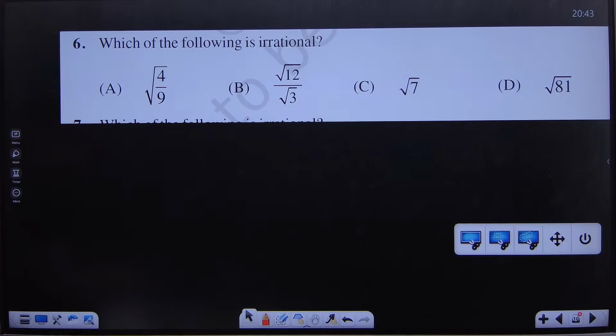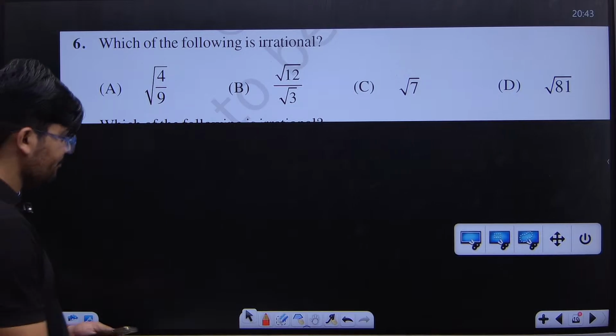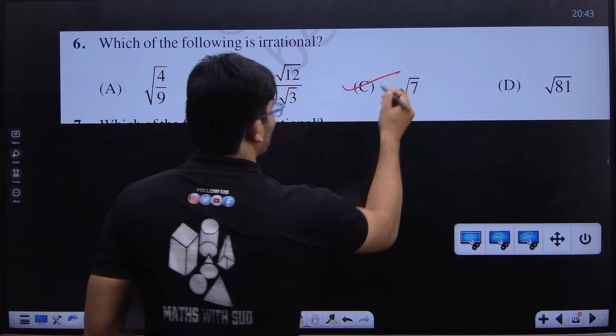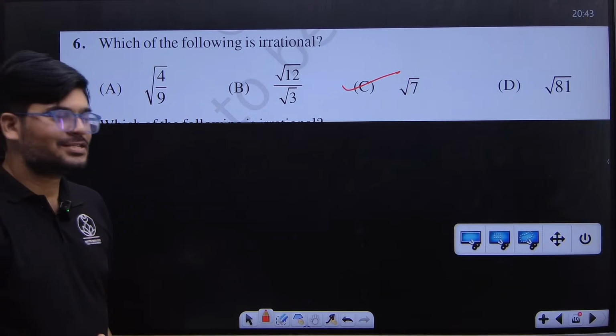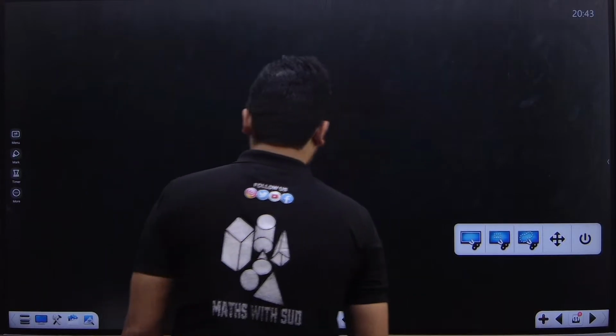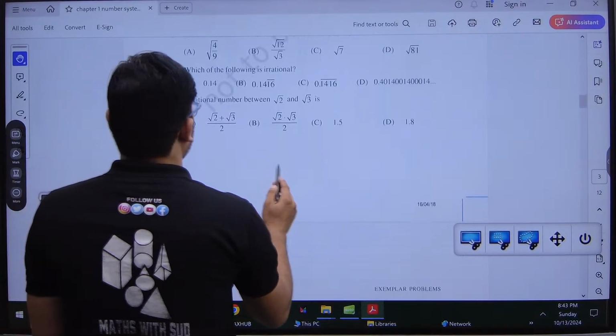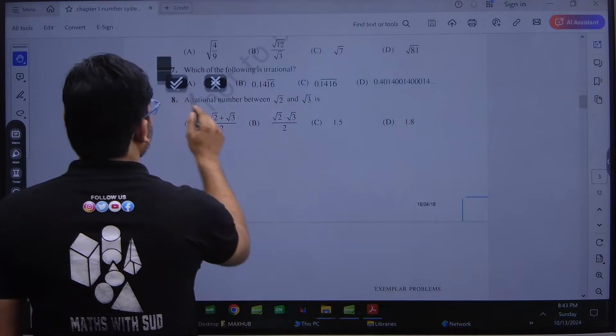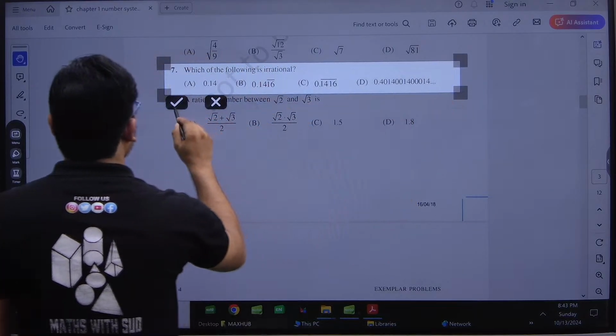C, correct. Under root 7 is an irrational number because it is not a perfect square. Now this is also a very tricky question.